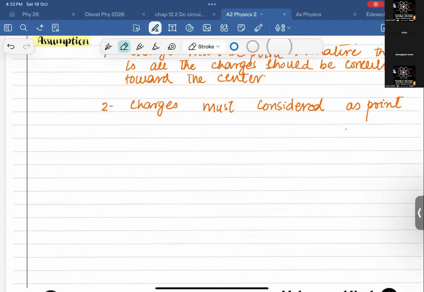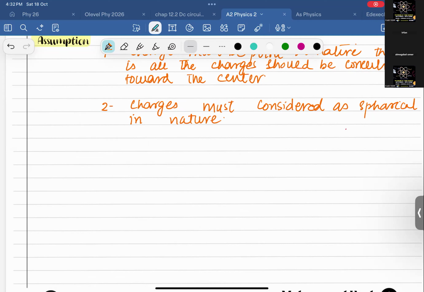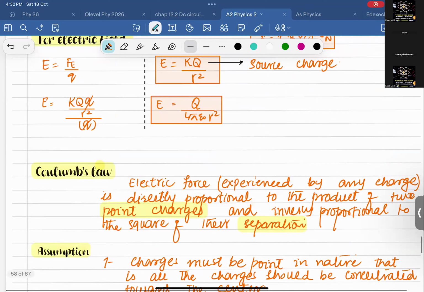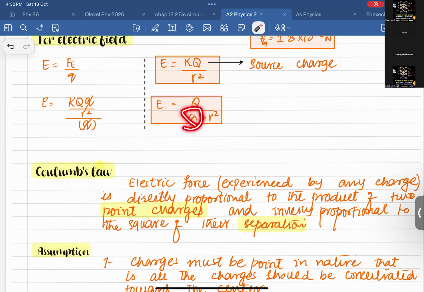Sorry, must be considered as spherical in nature, right? This is the second concept. If you consider the charge as being spherical, then you are allowed to use this formula, or the K1 or the other one, right? This constant 4 pi is basically due to the spherical nature of the charge, okay?